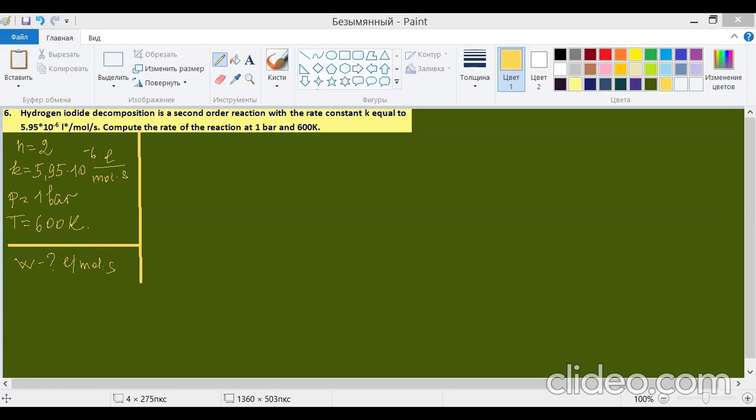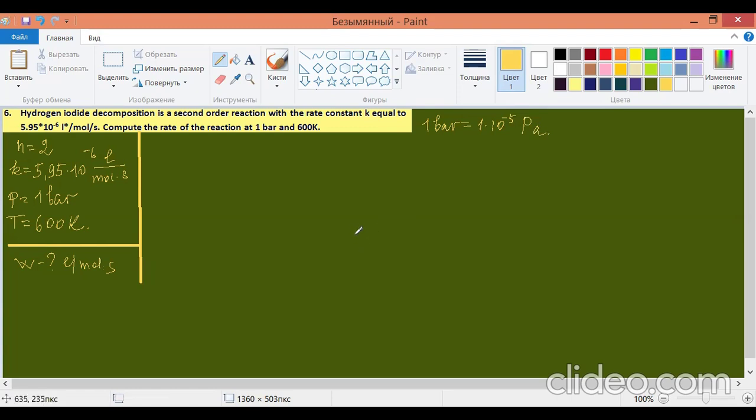Most chemists and physicists deal with pressure taken in pascals, but these days modern physicists and chemists prefer to use bars as the main measurement units for pressure. And in order to be able to operate it correctly, you need to understand that 1 bar is equal to 1 times 10 raised to 5 pascals.